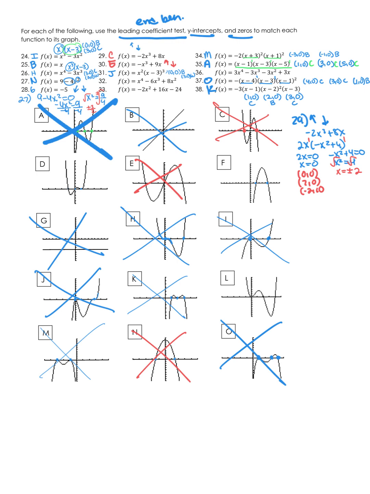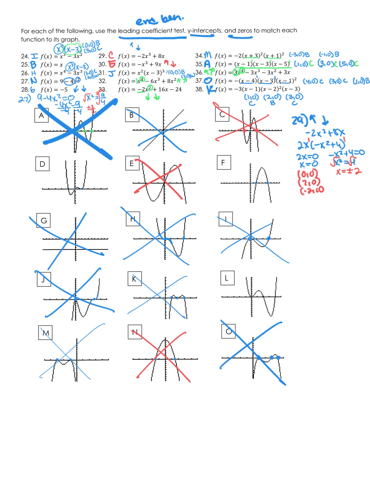Let's look at the end behavior for 32. 32, highest power is 4, even, so that will both be up. This guy is even negative, so that will both be down. And all we have left is 36. 36 is also even positive, so those will both be up.